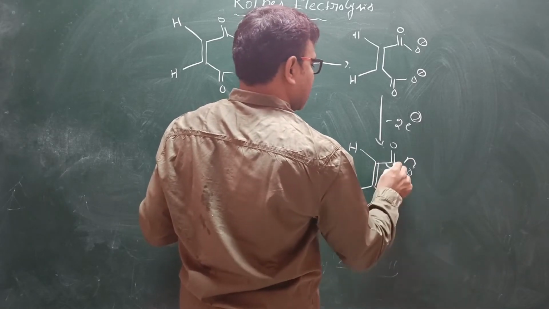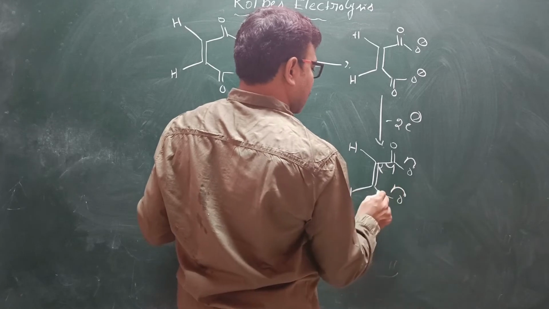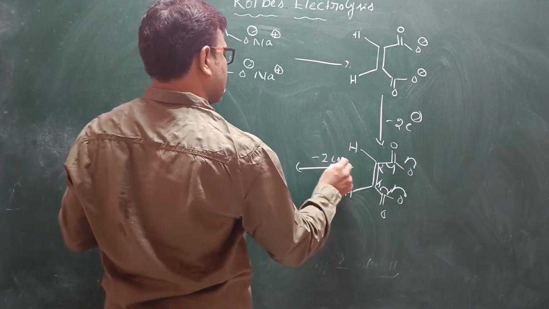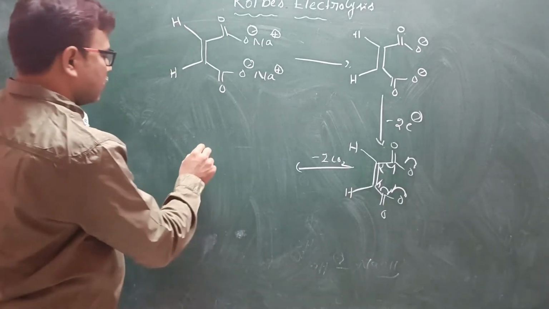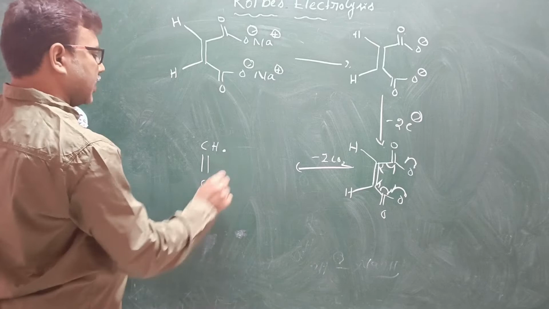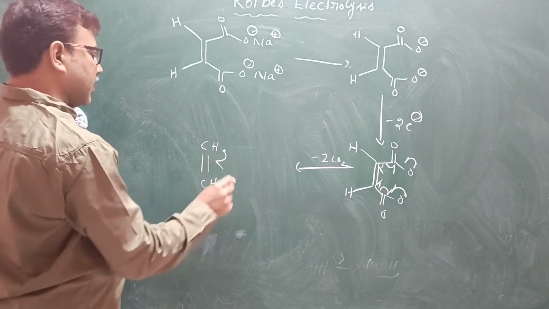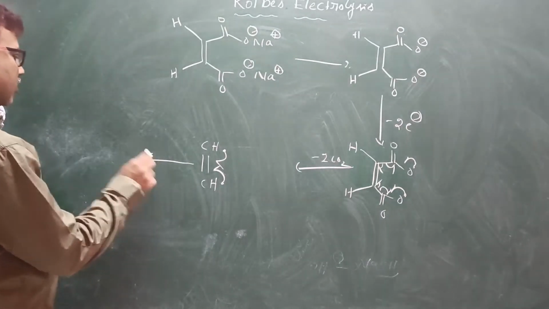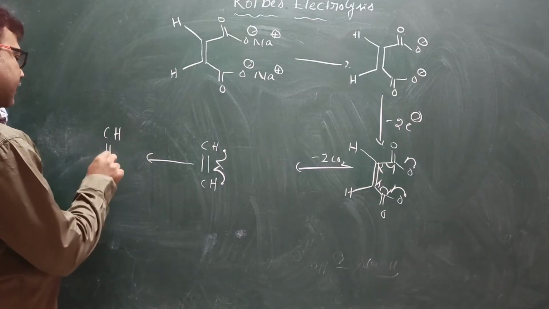Now it involves homolytic cleavage, loss of CO2, to give a CH double bond CH free radical. Now this free radical is involved in bond formation to give acetylene.